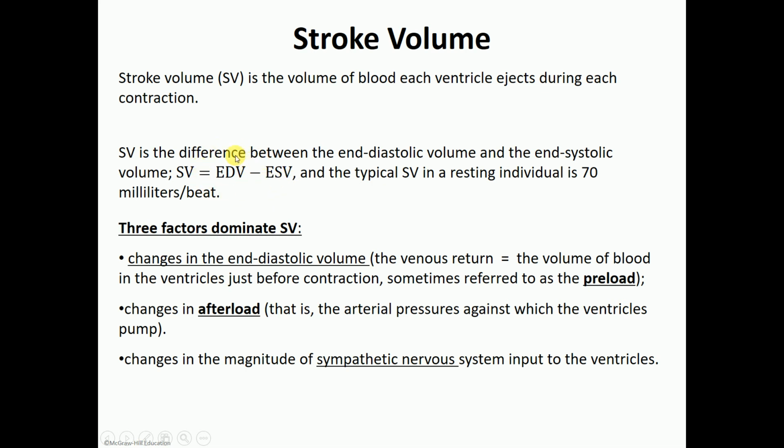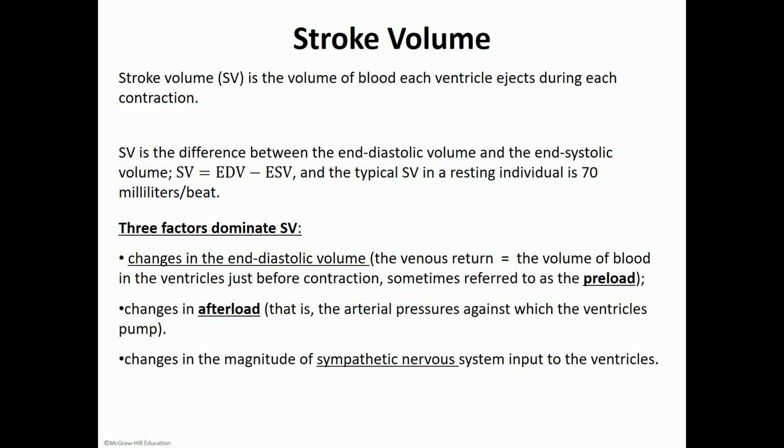The end-diastolic volume is the volume of blood found in the ventricles at the end of diastole. When you subtract from it the end-systolic volume, which is the volume of blood remaining in the ventricle after a contraction, after the systole, that will give you the stroke volume.